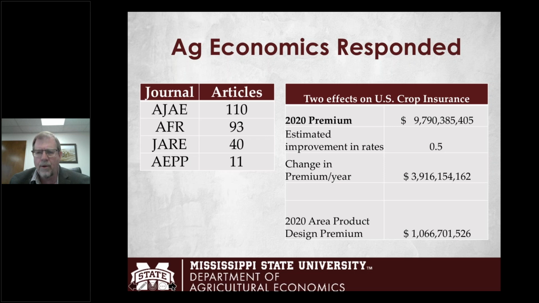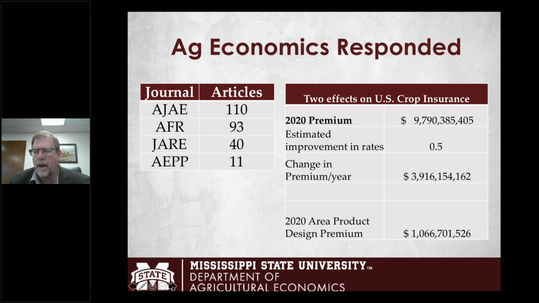What it's meant is that if you think about adverse selection and moral hazard being a big part of the problem, then there's a reduction in the premium that is charged because you've got better rating. And I also want to mention that in 2020, there was $1 billion worth of area index products sold by that agency.